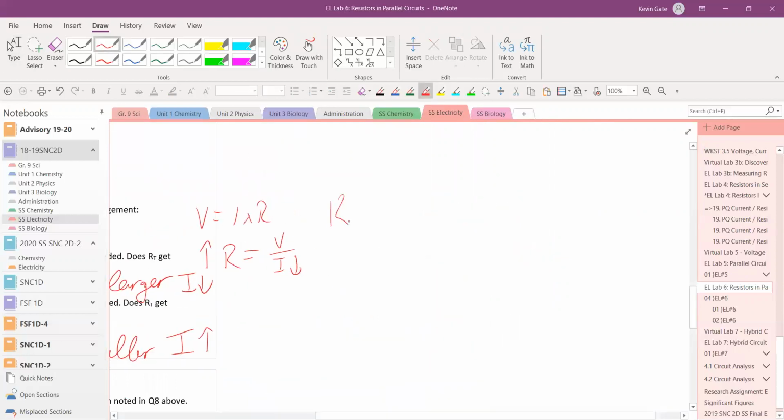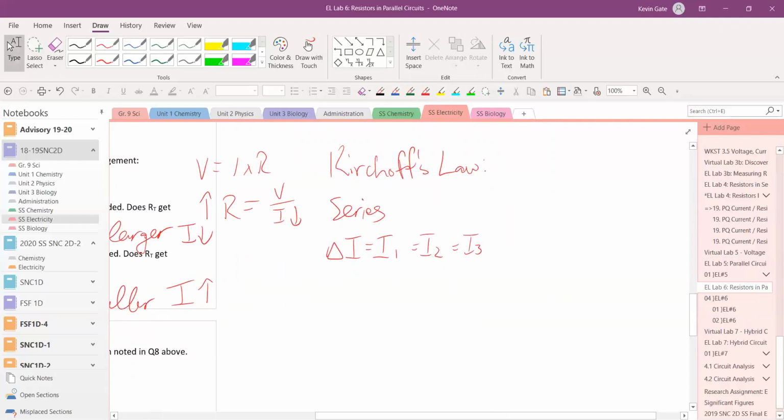Let's take another look at Kirchhoff's laws. For series circuits, delta I is I1, is I2, is I3. I've denoted this as delta I. You may have just seen it as IPS for the current at the power source.